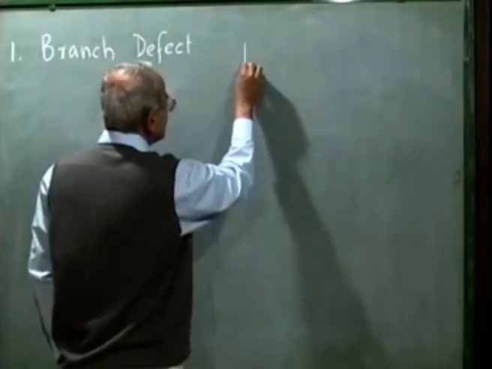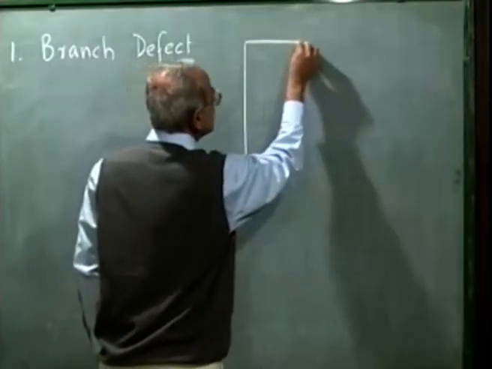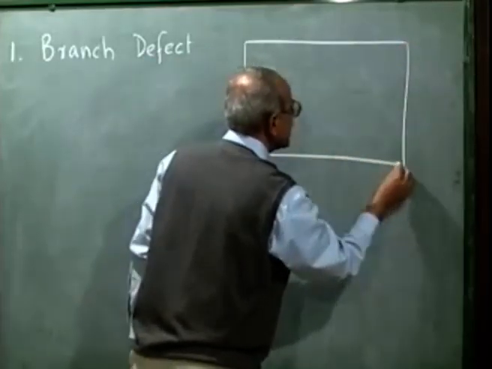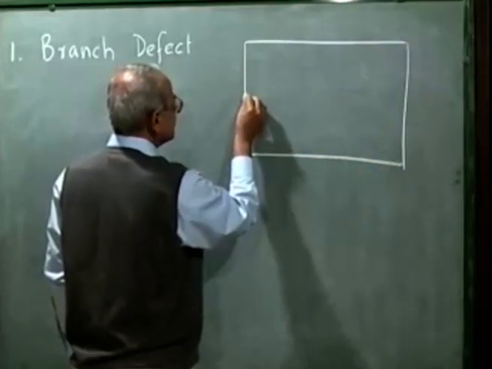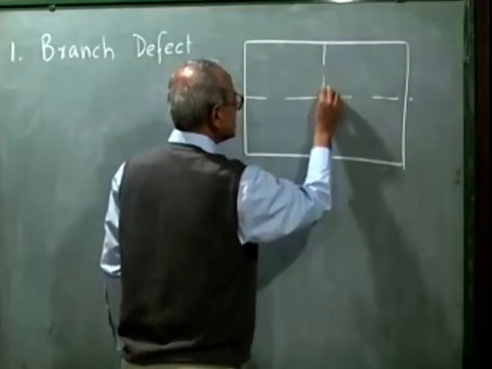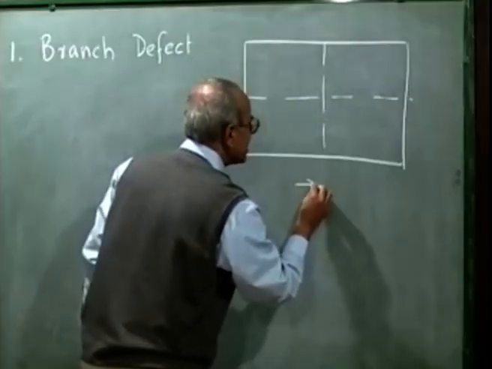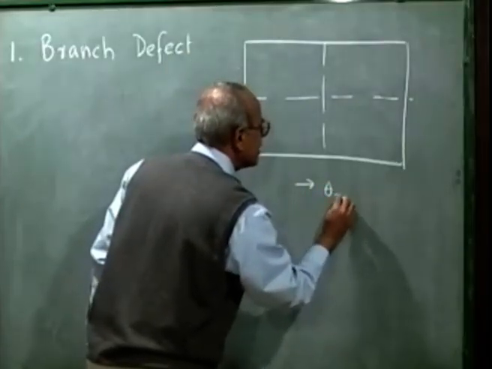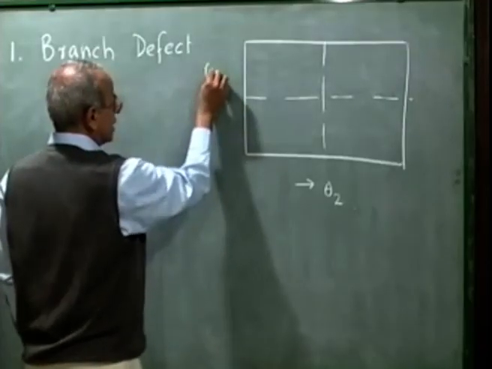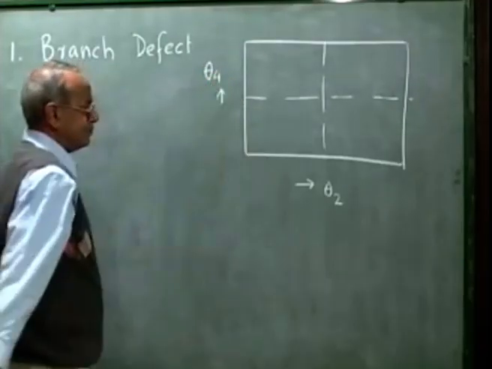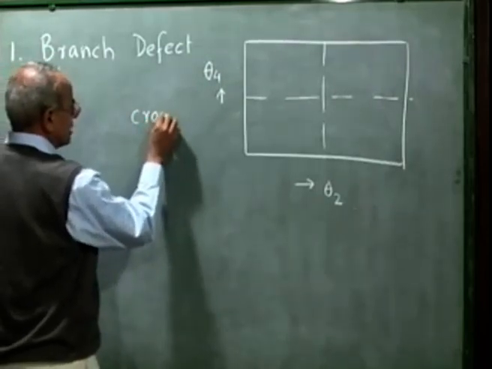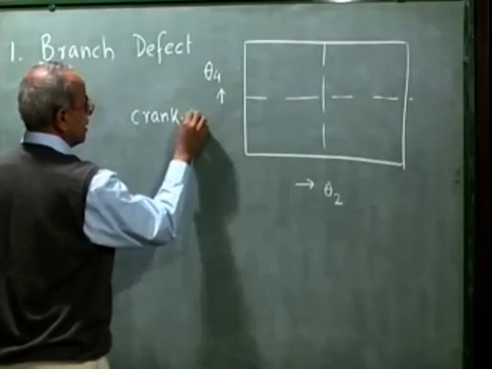If we remember, if a 4R linkage is Grashof type, then there are two distinct branches. If this is the input angle theta 2 and this is the output angle, say theta 4, suppose we are talking of a crank rocker, which obviously means it must be Grashof type.